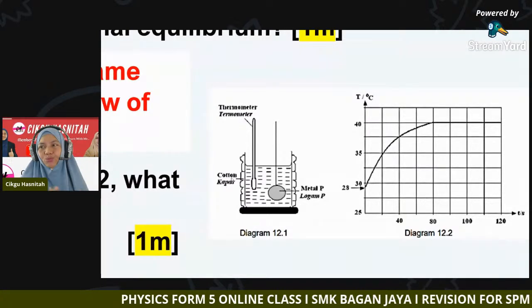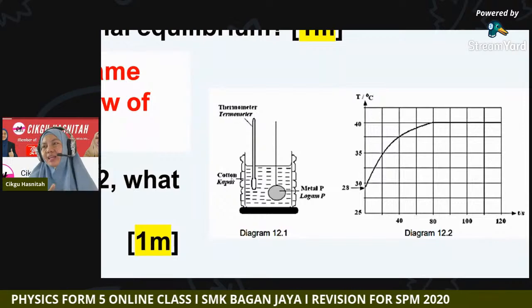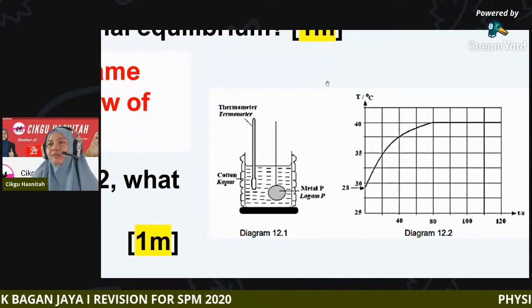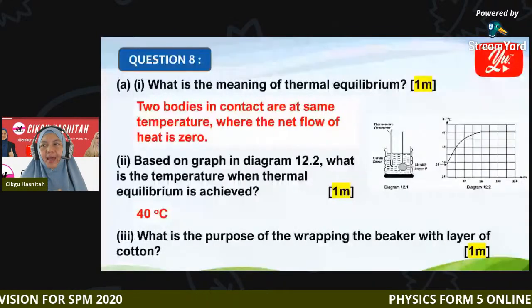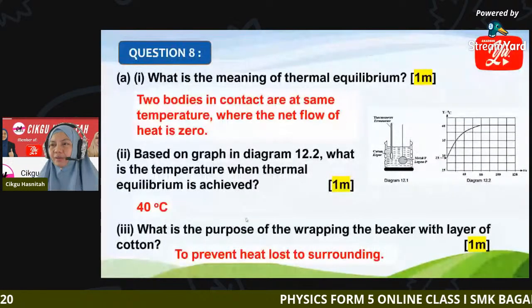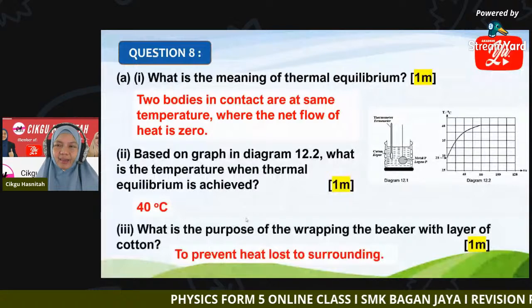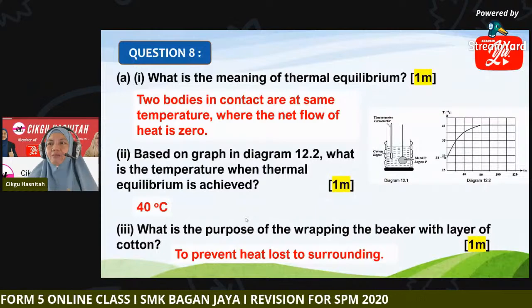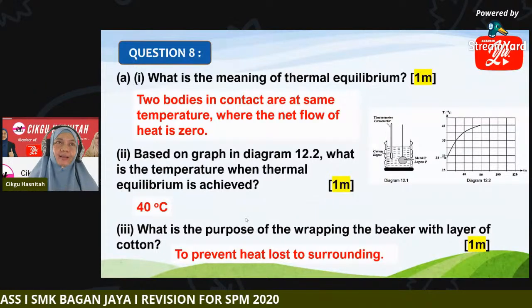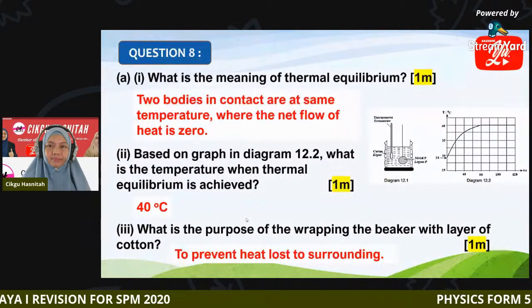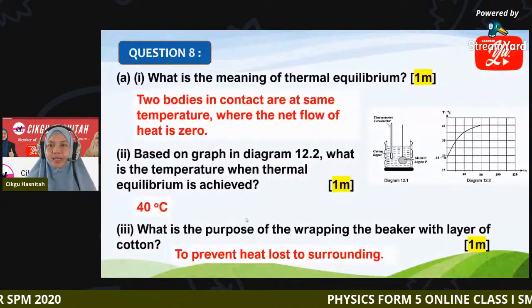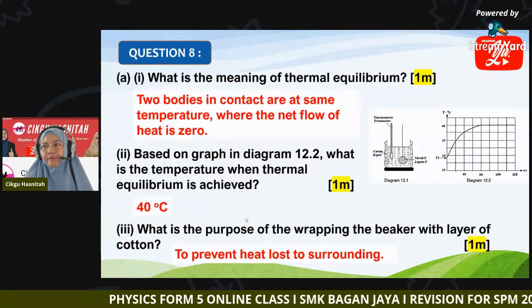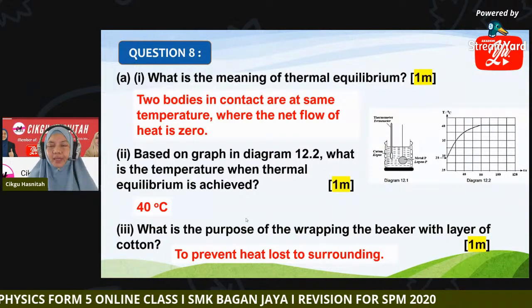To prevent heat loss to the surrounding. Very good, this is the purpose. We can wrap either with cotton or any other insulator. Reduce heat release to surrounding, accepted. Prevent heat loss to surrounding, or reduce heat loss.